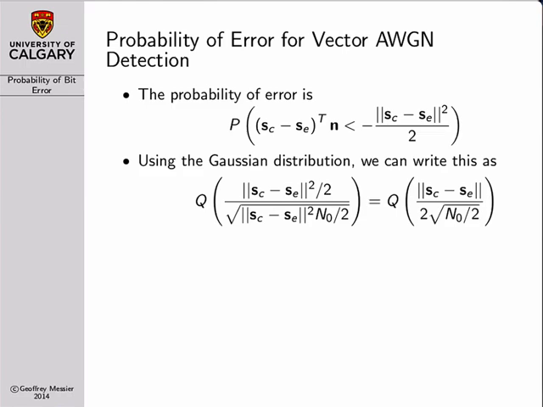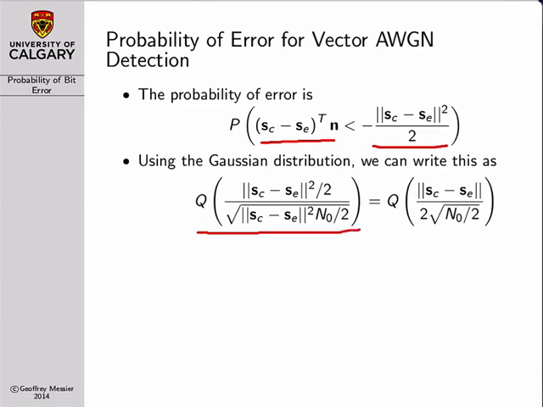So the probability of error, if we use the expression from the previous slide, is just the probability that this term is less than this term. And the term on the right-hand side of this relationship is constant, S_C minus S_E is a constant. And the term on the left-hand side of the less than sign is Gaussian distributed. And so we can then use the Q function to determine the probability, and that Q function expression is written here.